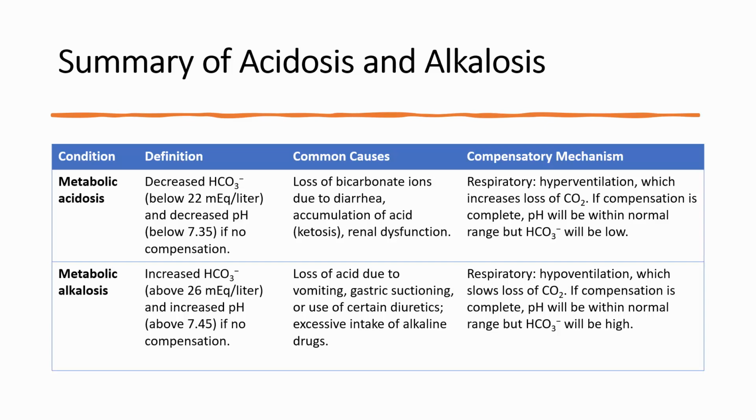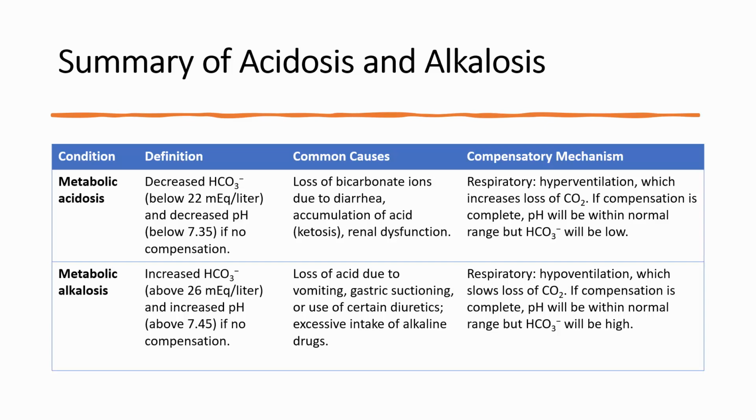Causes: loss of bicarbonate ion due to diarrhea, accumulation of acid, ketosis, and renal dysfunction. So as far as the ketosis goes, like in diabetic ketoacidosis is what we're talking about right here.